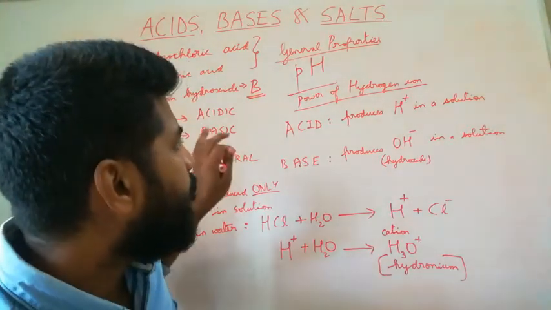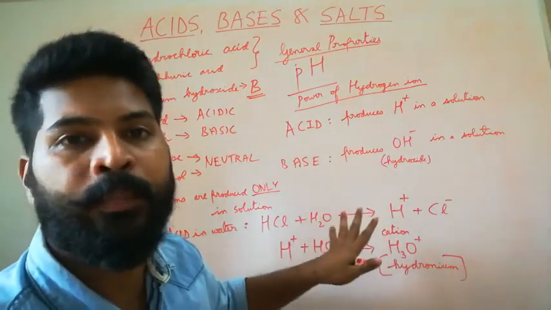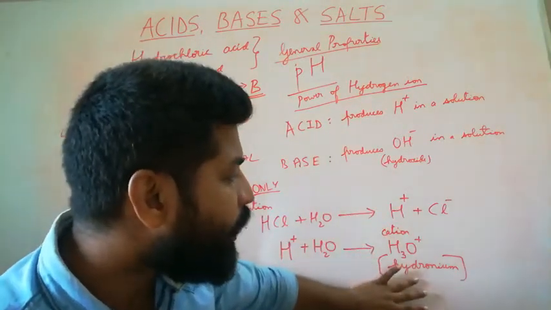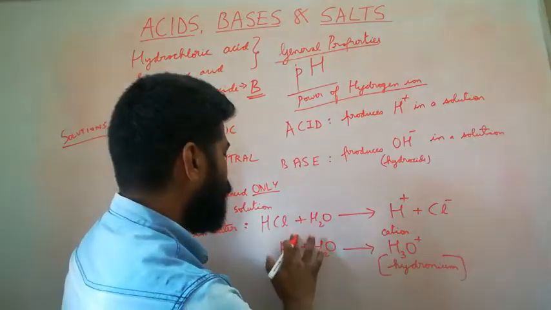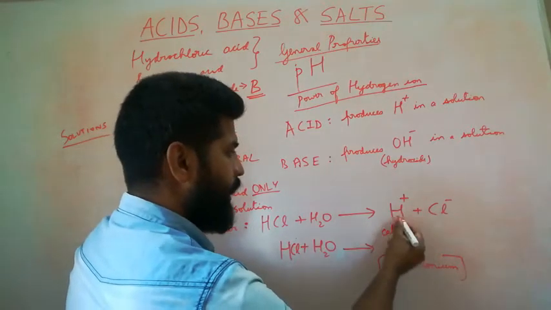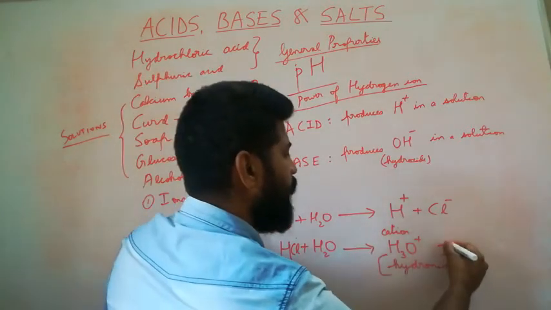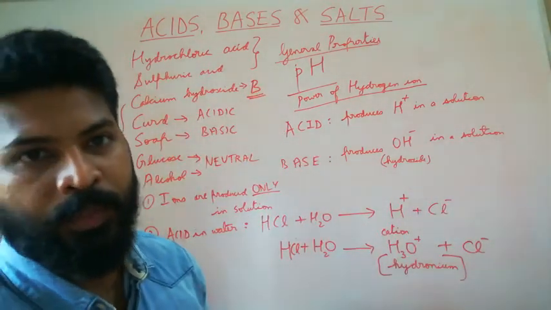So when we mix an acid into water in its solution, we find hydronium ions, and now you can balance the equation. So when you mix hydrochloric acid into water, H plus H2O will be H3O plus, and we have Cl minus.